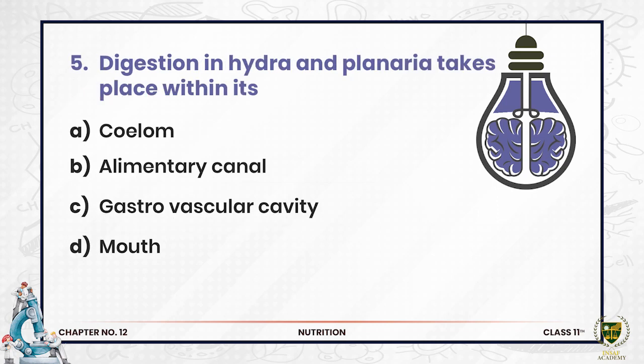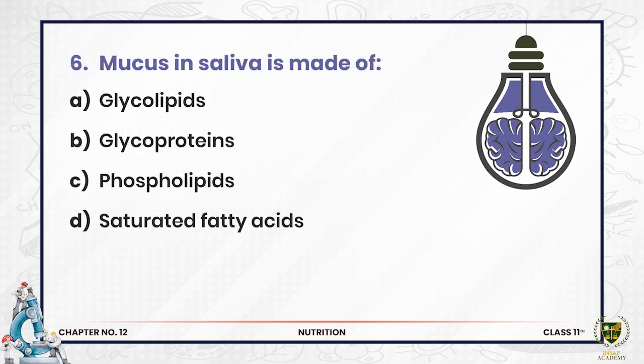Number 5, digestion in Hydra and Planaria takes place within its alpha coelom, beta alimentary canal, Charlie gastrovascular cavity, and delta mouth. So the correct answer is Charlie, gastrovascular cavity. Number 6, mucus in saliva is made up of alpha glycolipids, beta glycoproteins, Charlie phospholipids, and delta saturated fatty acids.